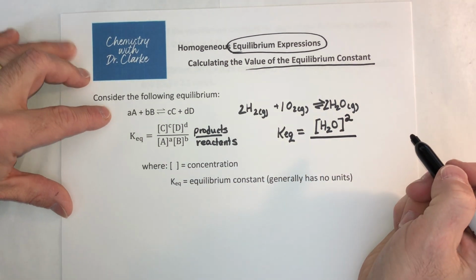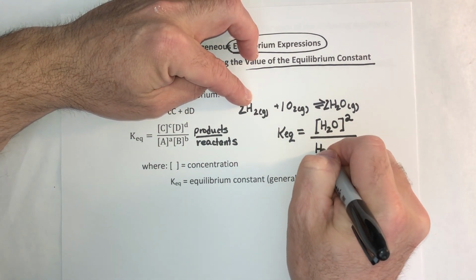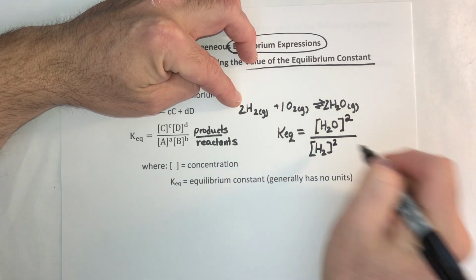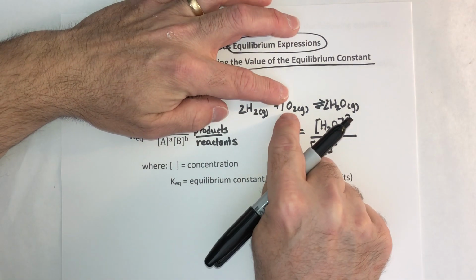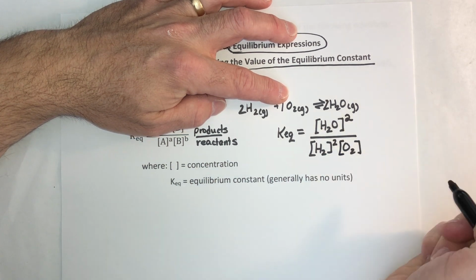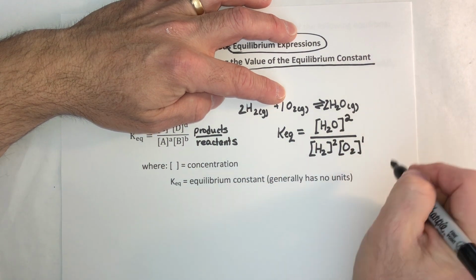In the denominator, we put in our reactants. So the first reactant is an H2. To balance it, there was a 2 in front, so I am going to square it. The second reactant is an oxygen gas, square brackets to show concentration. There was a 1 in front to use to balance it, so I'll put a 1 here.